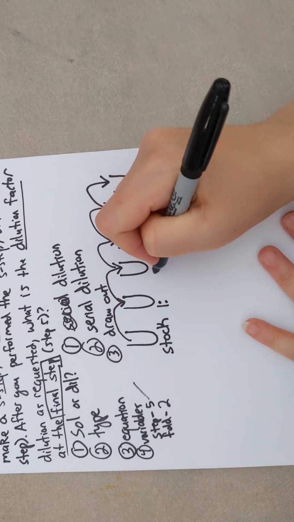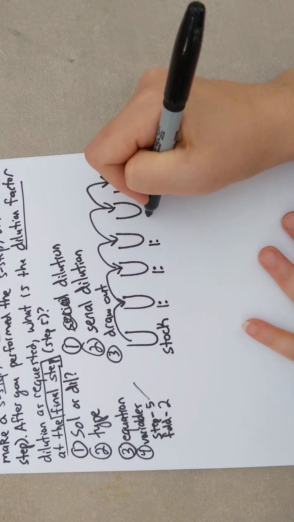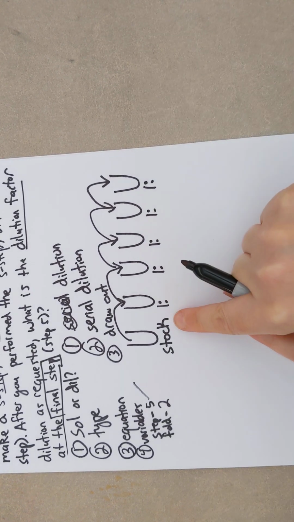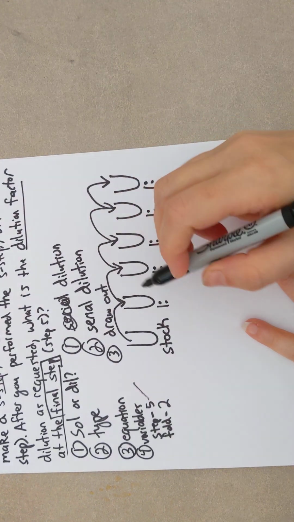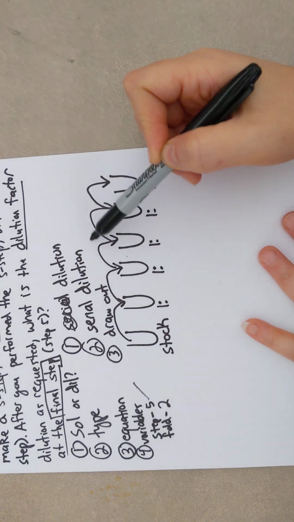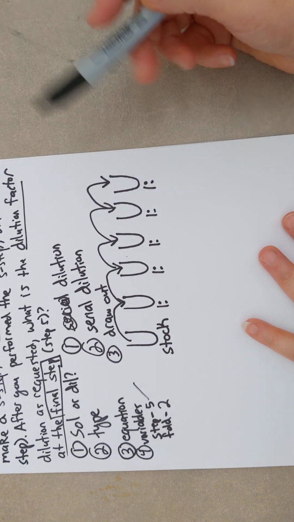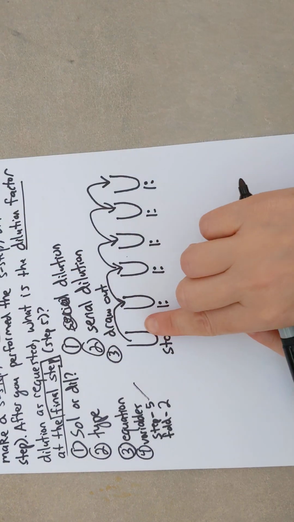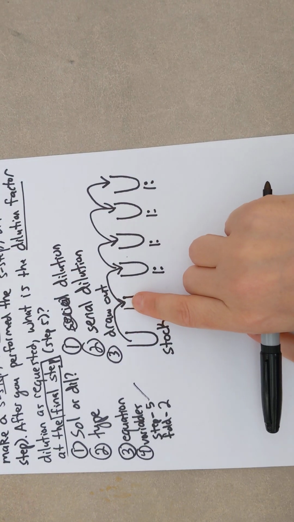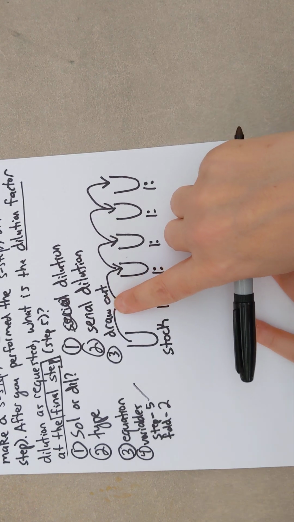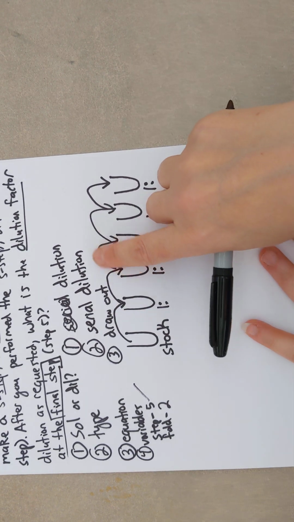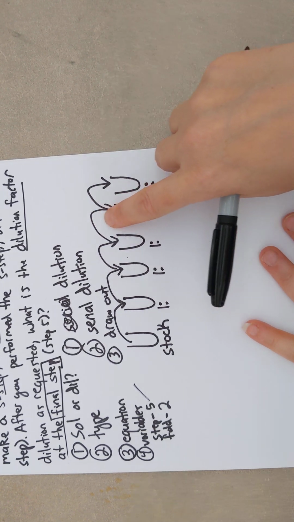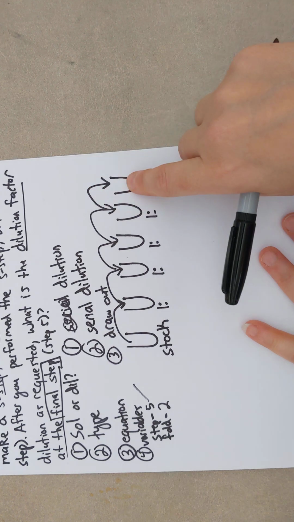Next, I'm going to put the dilution factor set up under all of my steps. All the dilution factors will start with a 1 and then the ratio sign. The reason being, the amount that you transfer from each step is the exact same amount. For example, if you took 10 milliliters of the stock to make step 1, then you'll take 10 milliliters of step 1 to make 2, 10 milliliters of step 2 to make step 3, 10 milliliters of step 3 to make step 4, 10 milliliters of step 4 to make step 5.